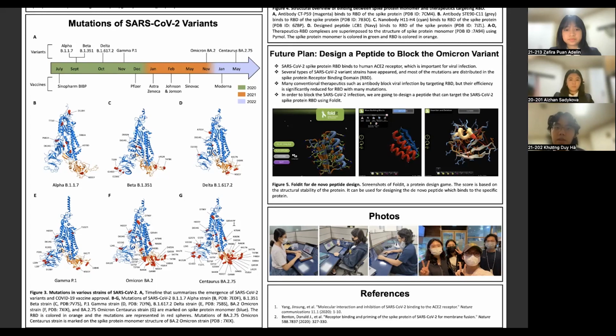And as you can see, the later they emerge, the more mutations they accumulate. The mutations mostly appear in this yellow region, which is the RBD region, where the virus binds to the ACE2 receptor, thus proving that those regions are vital to the entry of the cell, and those mutations help increase the infectivity of the virus or the vaccine evasion.